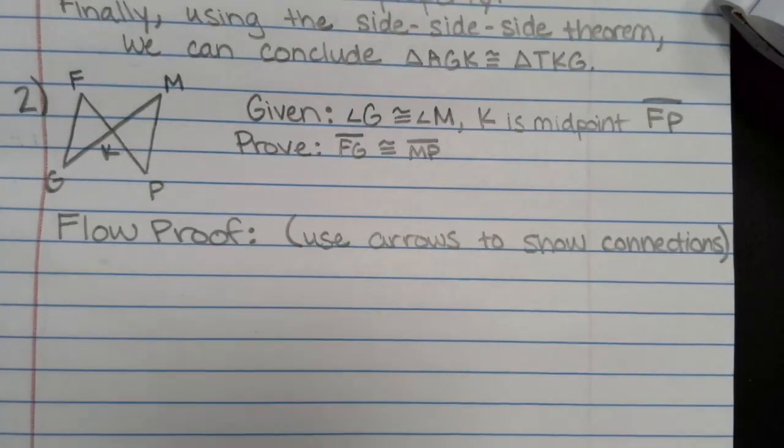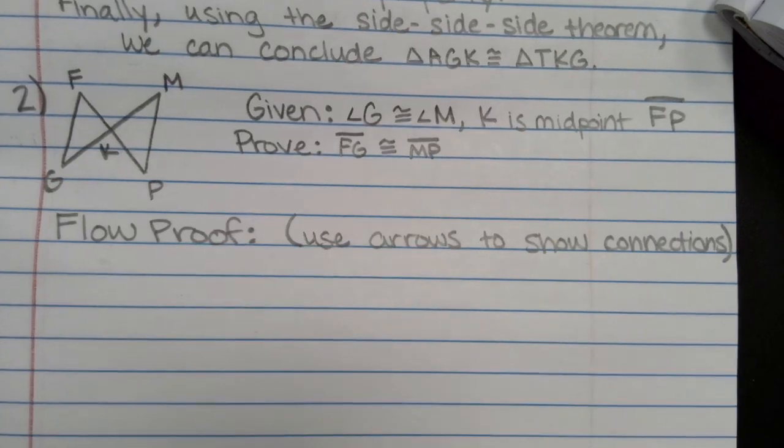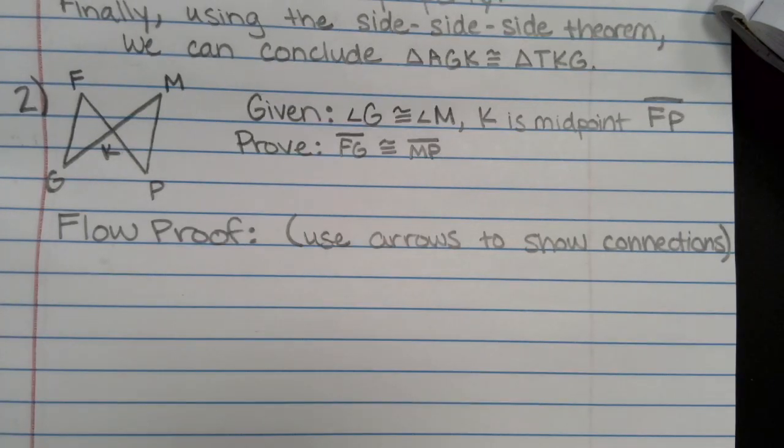And now we can come up with a conclusion. It's a little bit more like we're grabbing from each part. Okay? So that's why flow proof is a little bit easier, or not easier, but I like it better. It's how my brain works. And not all problems work linearly, where it's one thing leads to the next, leads to the next, leads to the next.